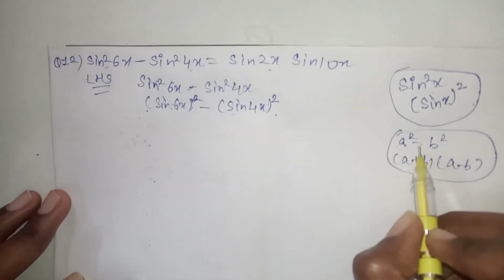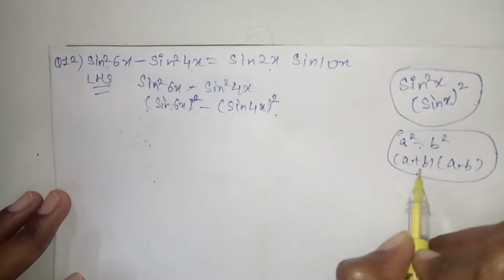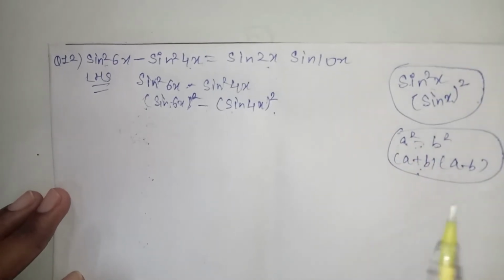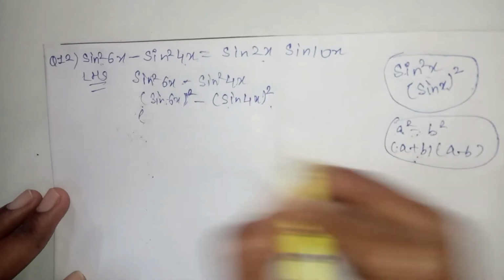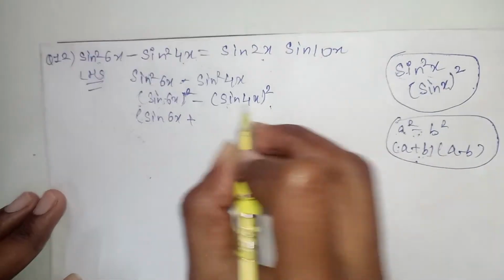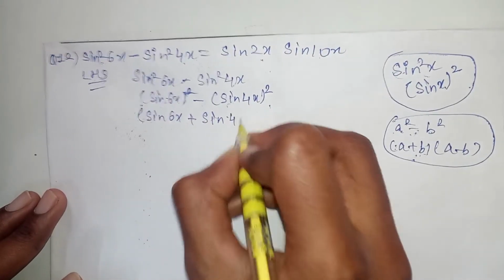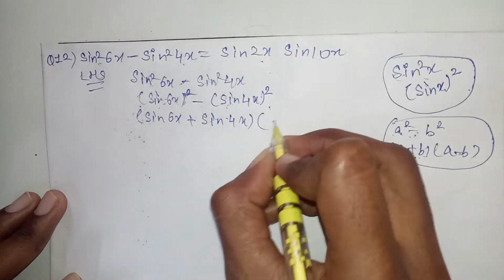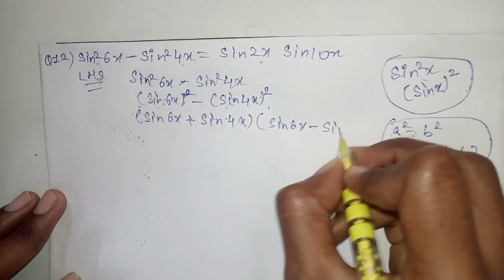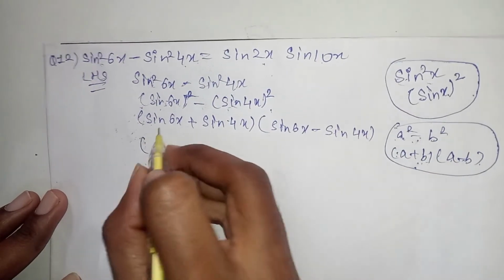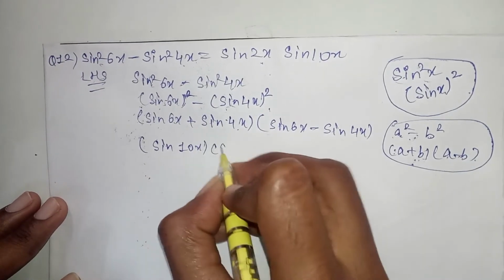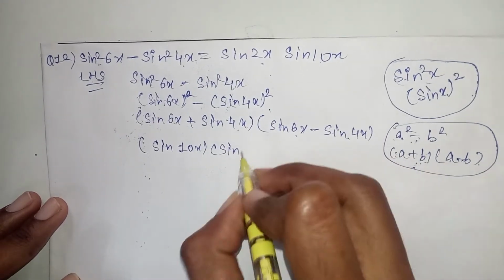Left hand side means you have to convert into right hand form. So bracket a is sine 6x plus b sine 4x, bracket a sine 6x minus b sine 4x. So sine 6x plus 4x is what? 10x. 6x minus 4x is what?